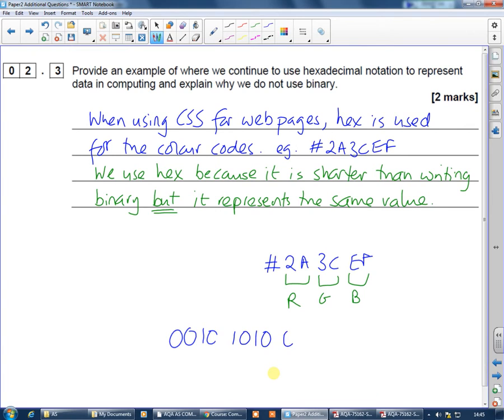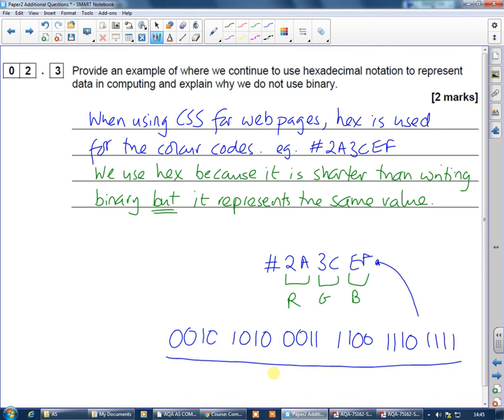A nibble for 3. A nibble for C, so 10, 11, 12, that's 12. A nibble for E. E is 12, 13, 14. And then a nibble for F. So instead of writing all of that, I can write this. Now I think that's better to write.